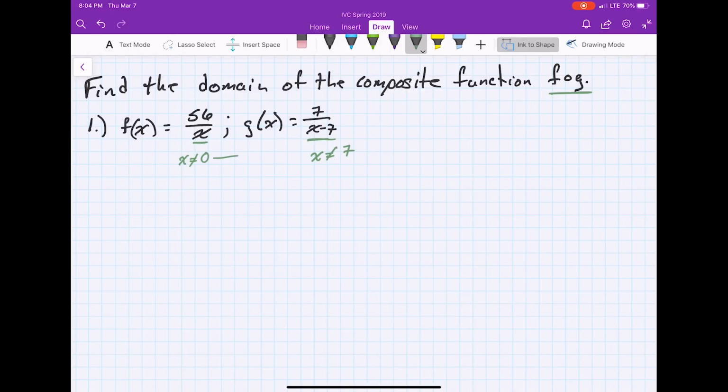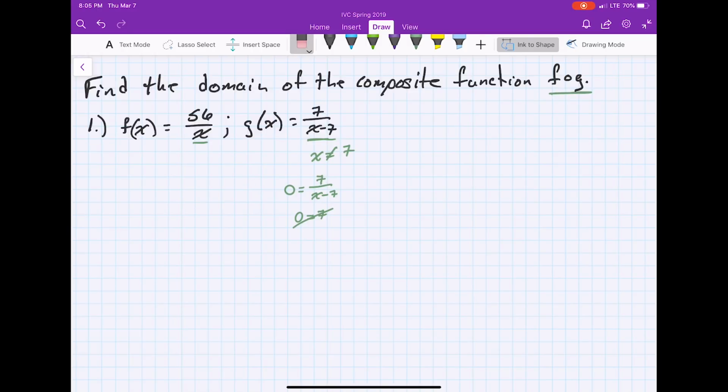So we have to see what would make the whole function g equal 0. So we set it to 0, 7 over x minus 7. Now we take x minus 7 times 0, and that turns out to be 0 equals what's left over is 7. Well, that can't happen, so we can never make this function equal 0.